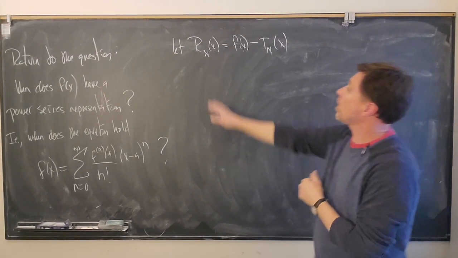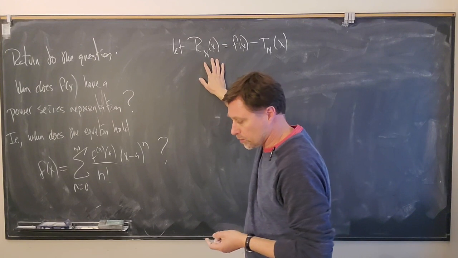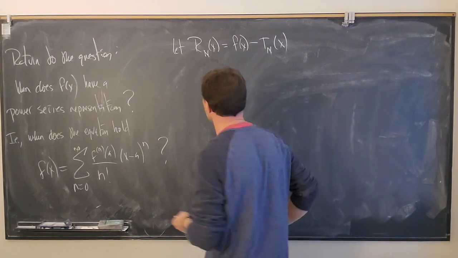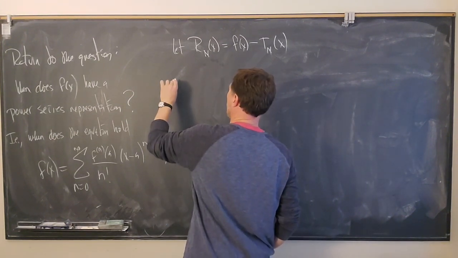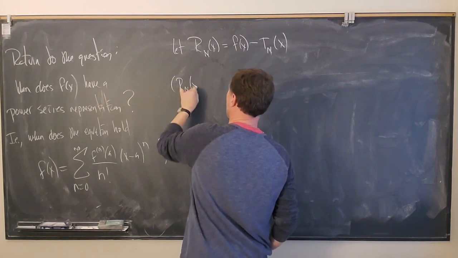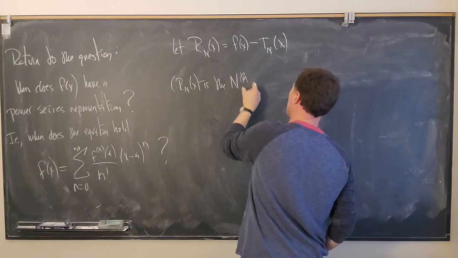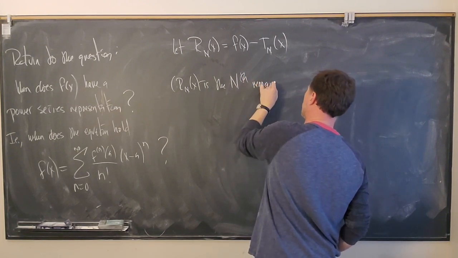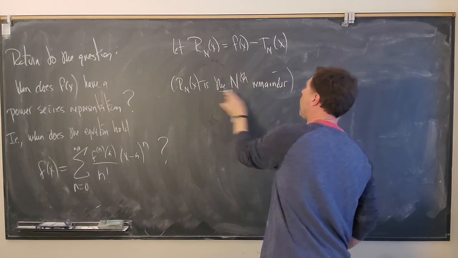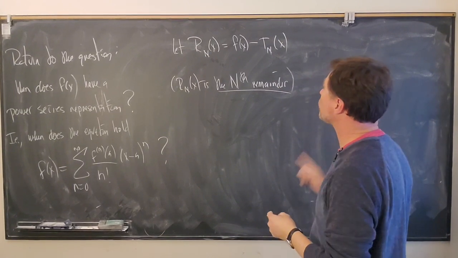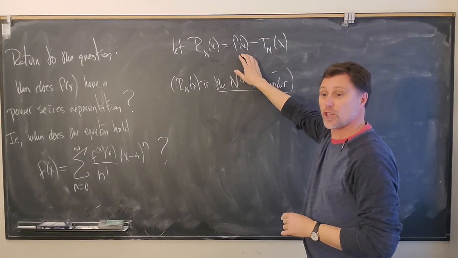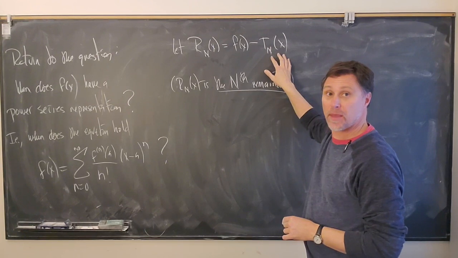So what does this r sub n, this is going to be the remainder, of course. So this is the nth remainder. R sub n of x is the nth remainder as usual. And what does that measure? It measures the difference between the actual function and its approximation by this Taylor polynomial.